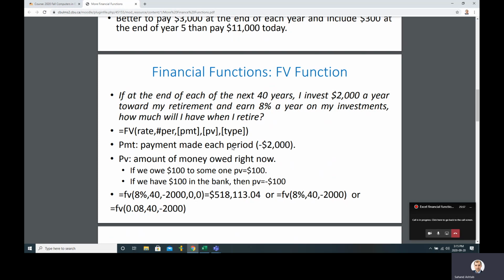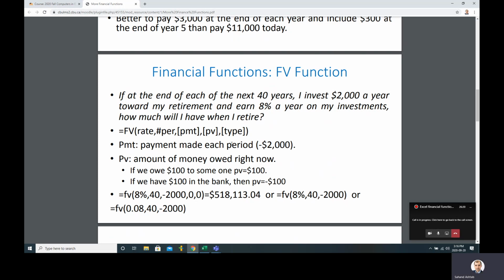So now you're springing forward. With present value function, you're springing back. Things are happening in future, you're bringing them to present. With future value function, or FV function, is the opposite. You are finding the future value for present investments.